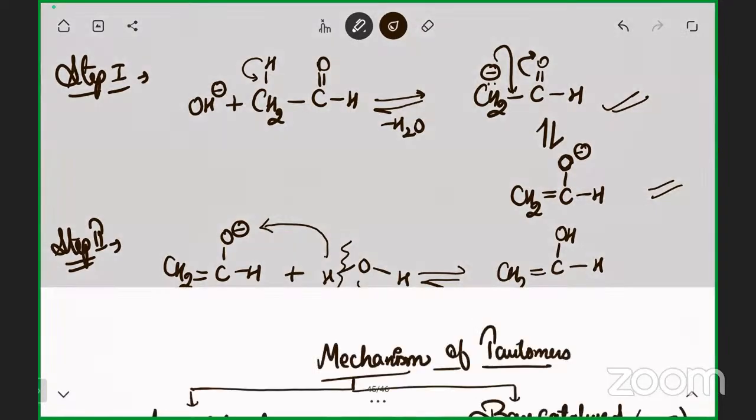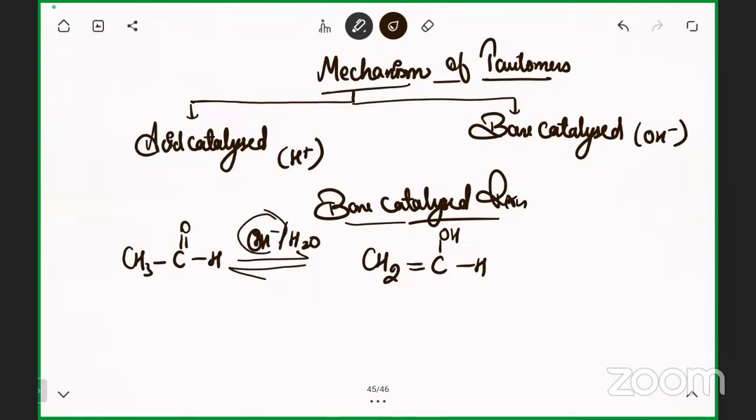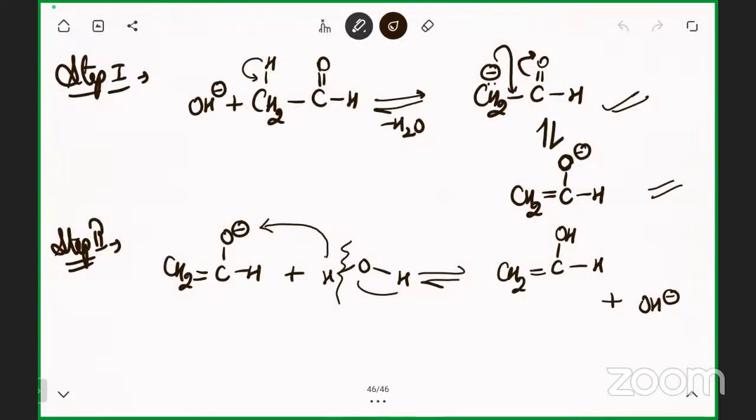You can see that in the starting we gave the OH negative ion, and at last we had the OH negative ion. So the catalyst reacts in the reaction, but it comes out as it was. This is the function of a catalyst. Since this reaction is occurring in the presence of a catalyst which is a base, we say it is base catalyzed. You got my point in this particular reaction.